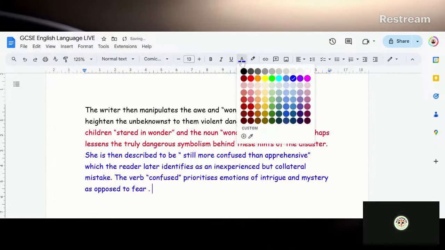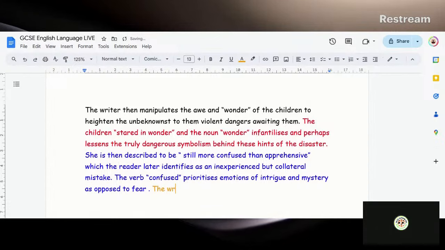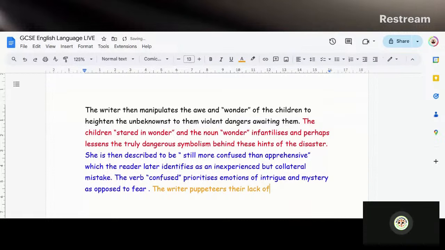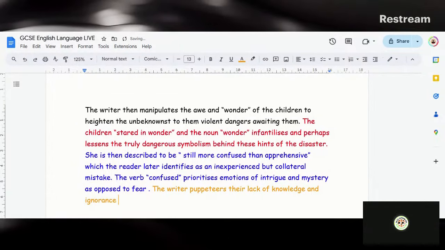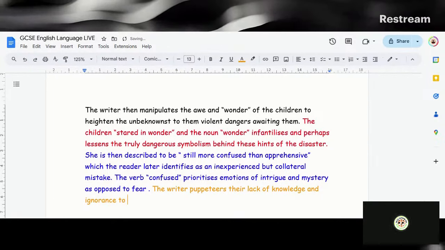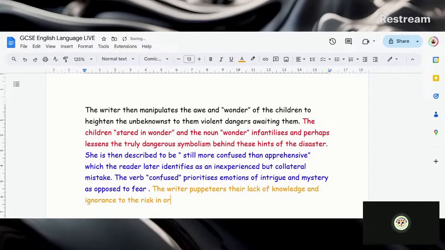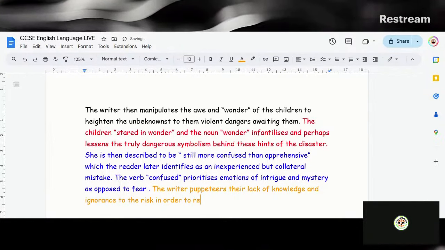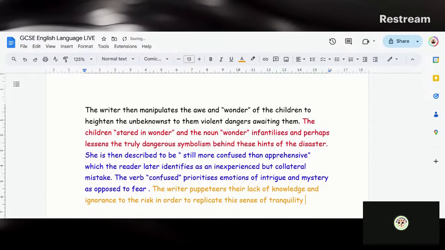And then we can just put our grade 9 point, which is the writer puppeteers their lack of knowledge and ignorance to the risk in order to replicate this sense of tranquility before a storm.